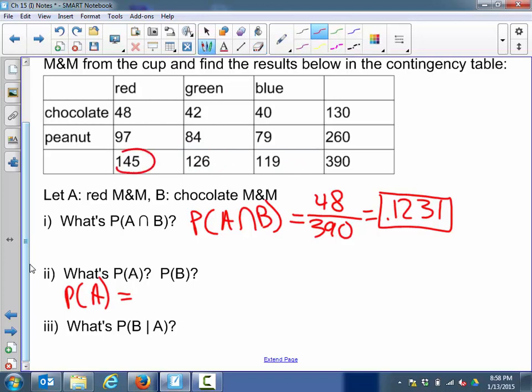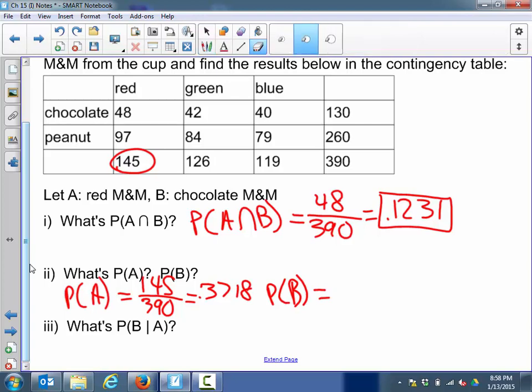Of those three numbers, we care about the 145. That's the total number of red M&Ms in this cup out of 390, which gives us a probability of 37.18%. For the probability of B, that we have a chocolate M&M, we're going to look at the other marginal distribution, the vertical marginal distribution here, that gives us a breakdown of chocolate versus peanut.